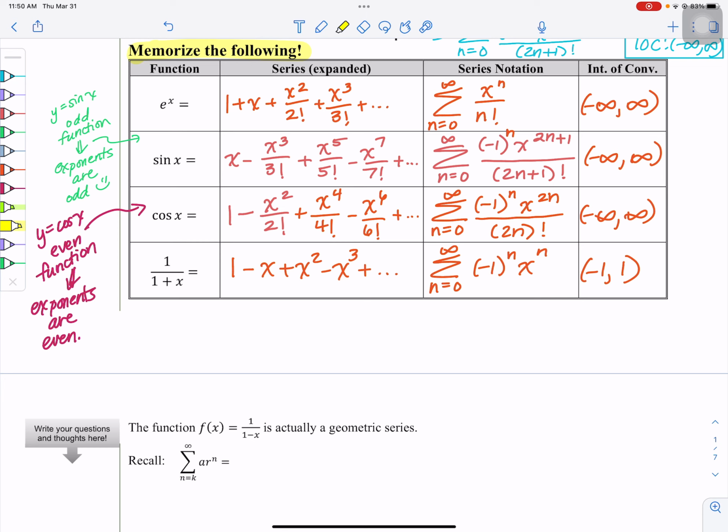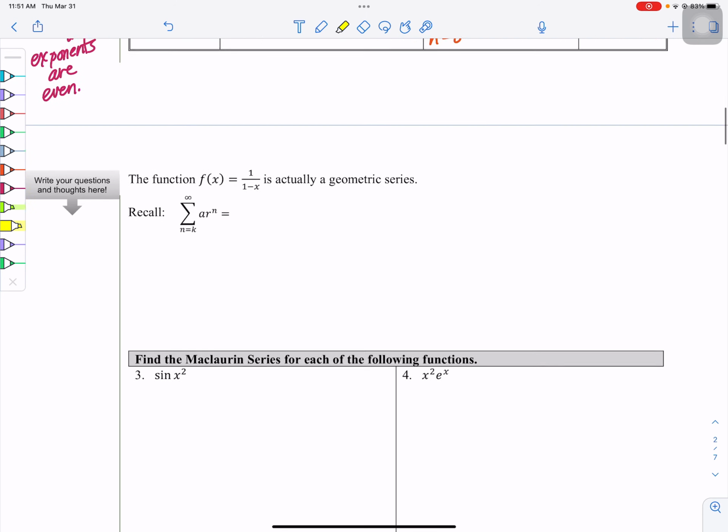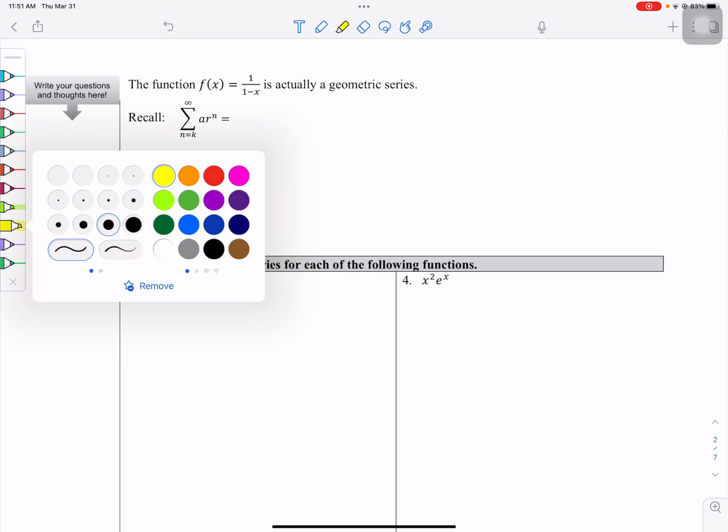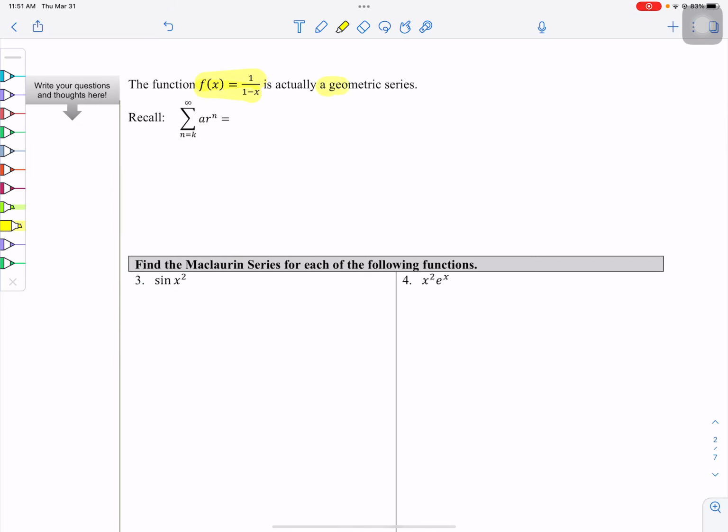Now we have something that's kind of neat that we want to talk about, and it's this function 1 over 1 minus x. It is actually a geometric series. Let's take a look at this.